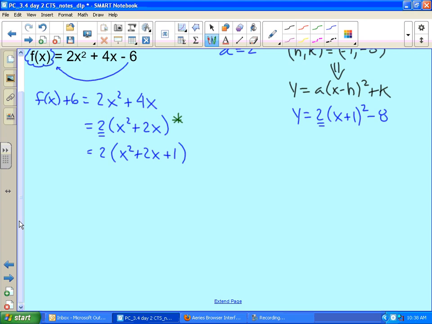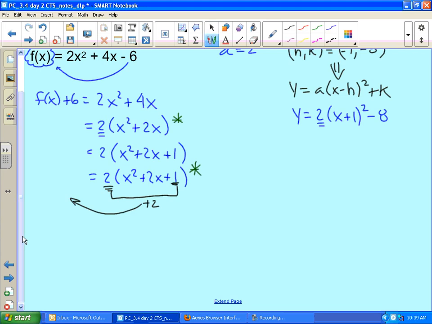So, being careful, this next step, we have 2 times x squared plus 2x plus 1, where we are taking this and that, and we're adding 2 to the other side. So that's another tweak. So now what does it look like?